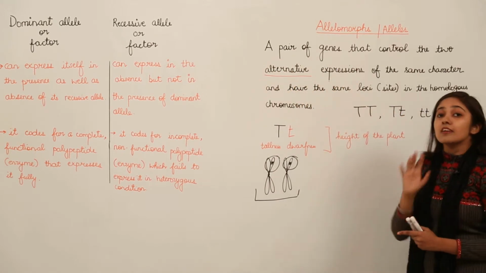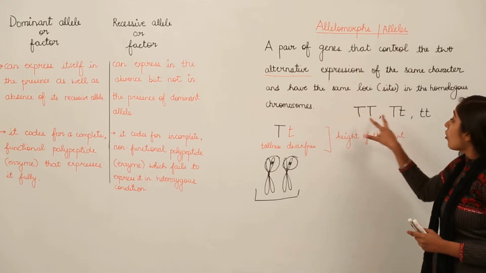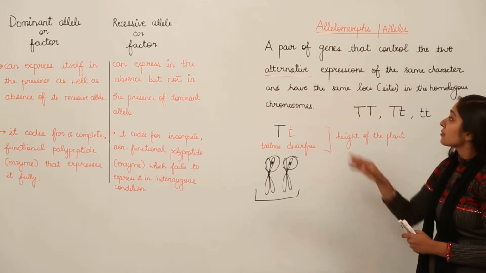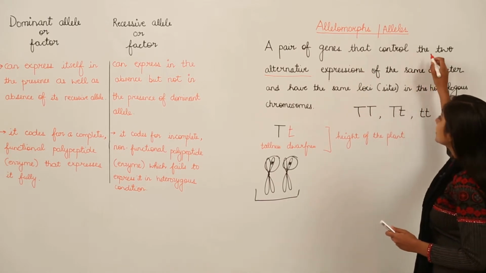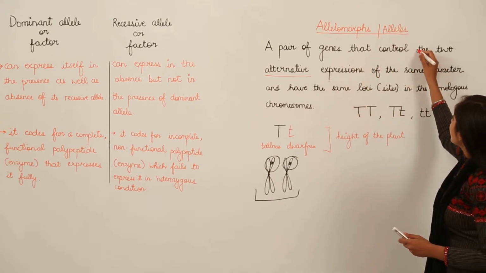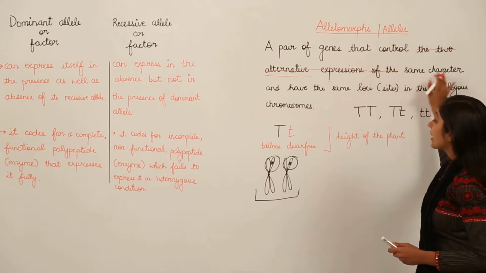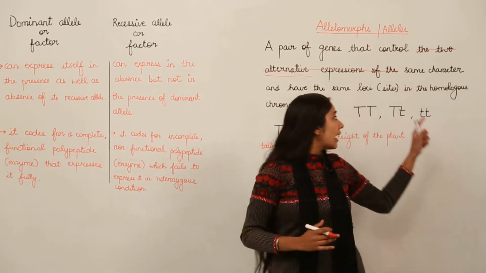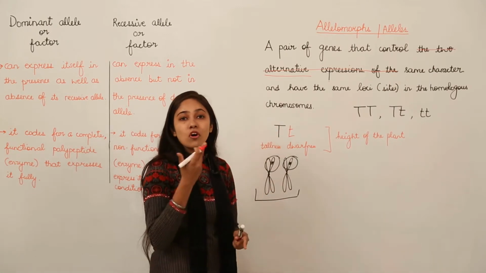But nowadays we don't use this word alternative expressions. Now we are calling all these pairs also as alleles. Okay, so a pair of genes that control the two alternative expressions is not there. The pair of genes that control, you can say, the same character and have same loci in the homologous chromosomes are known as allelomorphs or alleles.